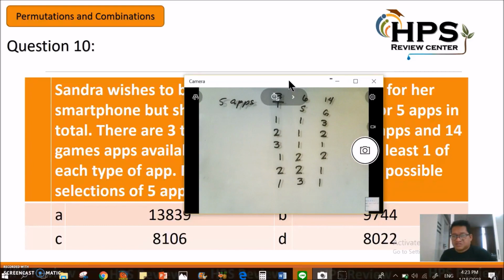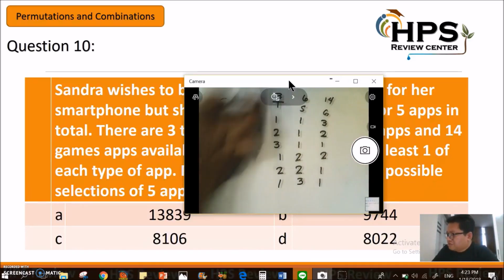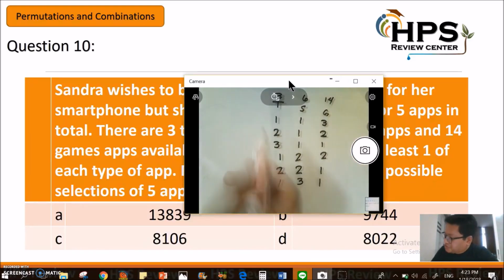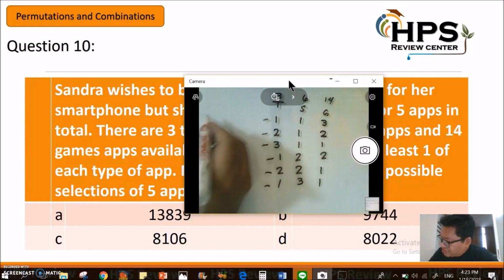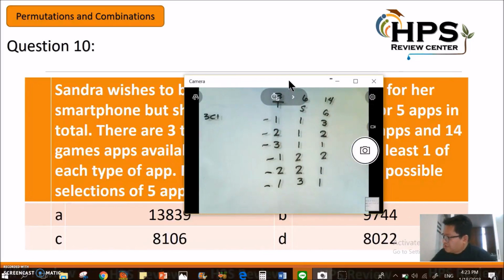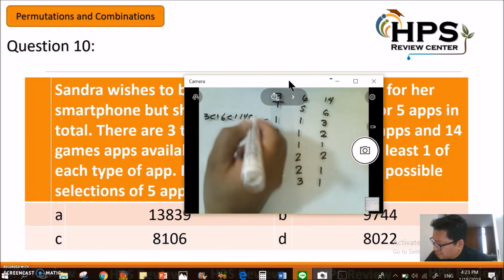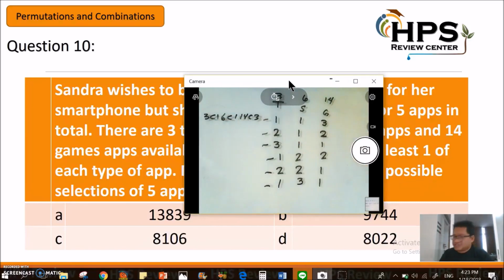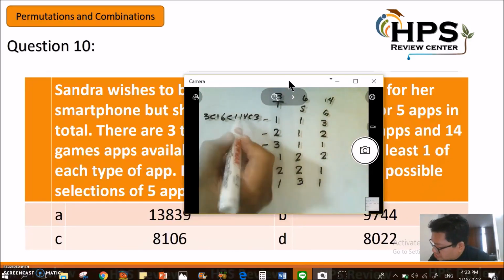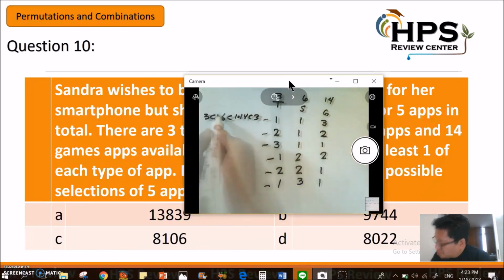And what you just need to do is simply take the combinations of all of that. So meaning that is 3C1, and this is 6C1, and this is now 14C3. All right, so it's just like that. I'll just put a dot there.